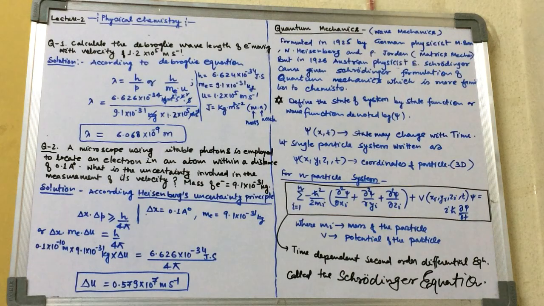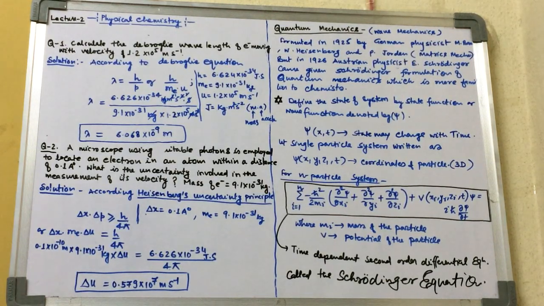If you remember my earlier video, I talked about de Broglie waves, de Broglie equations, and the Heisenberg uncertainty principle. I gave only the theory, so in this second lecture I will cover two examples related to those theories.